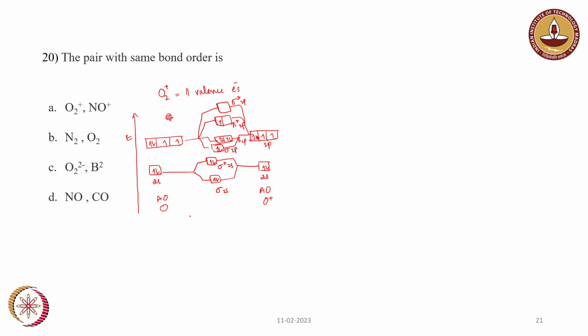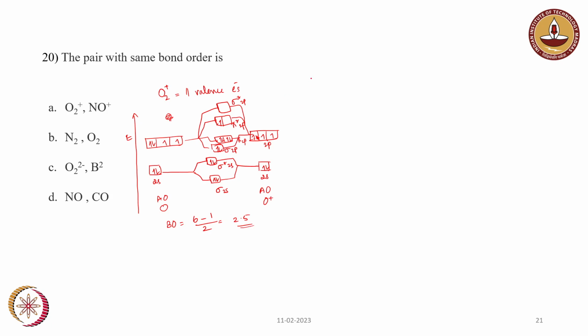So the bond order will be, these two will be cancelled out, so 6 in bonding minus 1 in the antibonding orbital, that is 2.5.